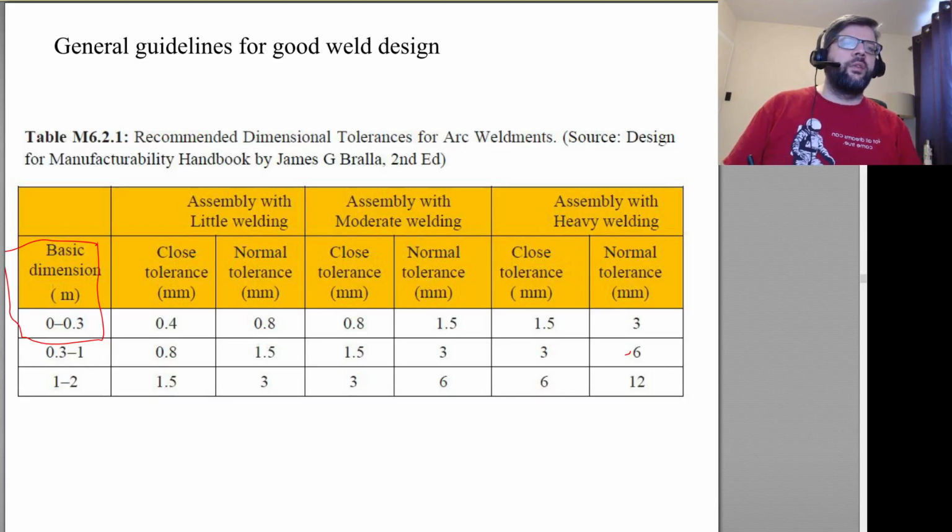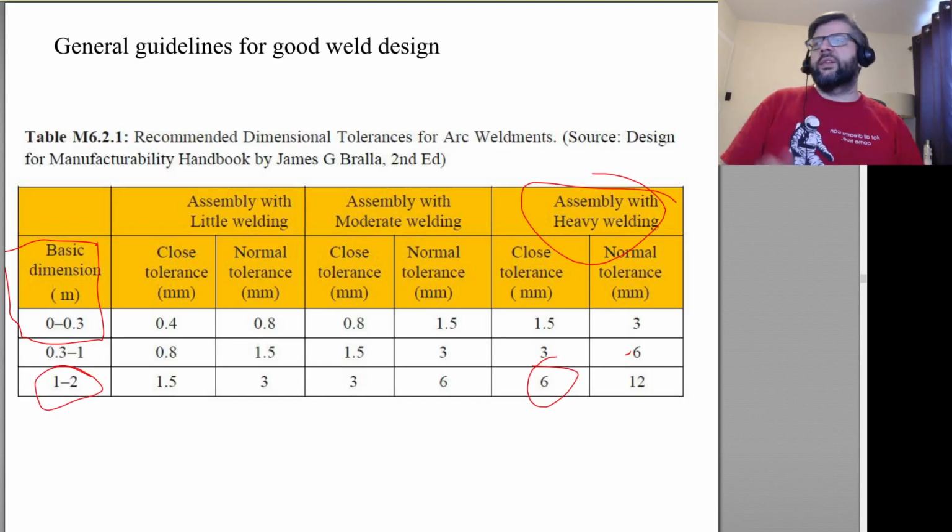So for a large assembly with a lot of welding, we can expect a tolerance range for any of the dimensions of, say, 6 millimeters or so. So that can be a fair amount over a meter.